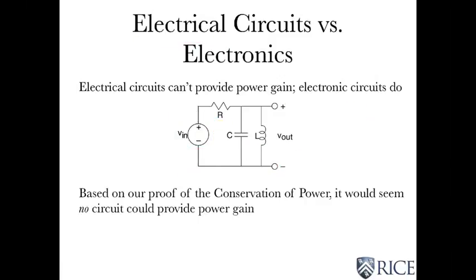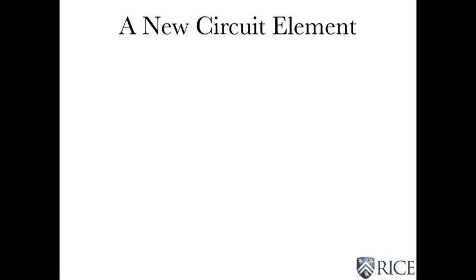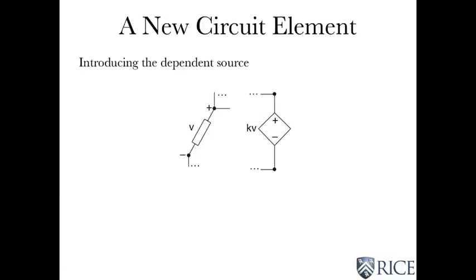So it would seem like, when you look at the conservation of power, that there's no circuit that could produce a power gain, and that's true, but we're going to introduce a new circuit element that has that capability. And so our new circuit element is what's known as the dependent source.